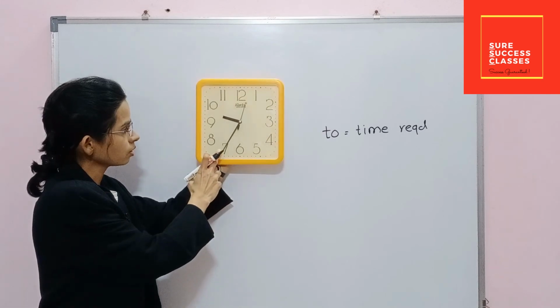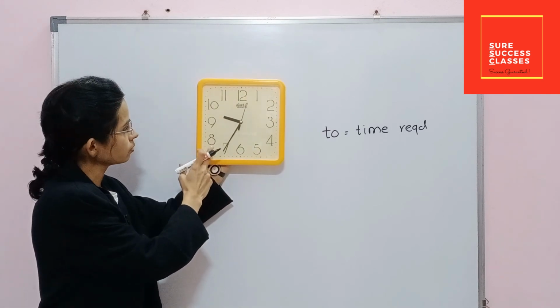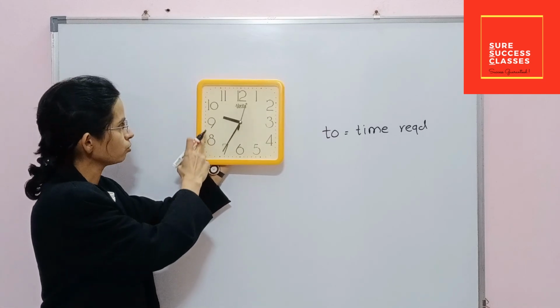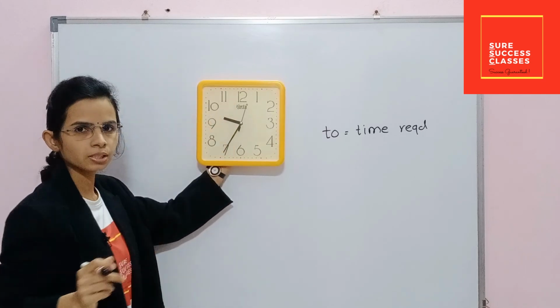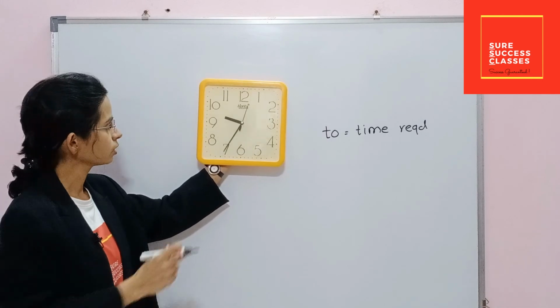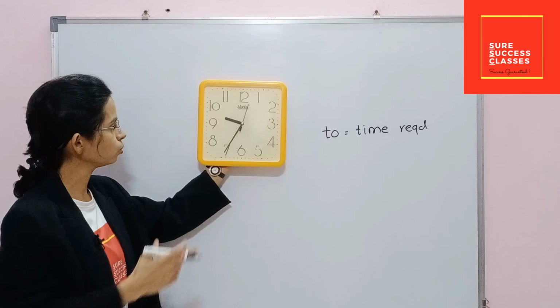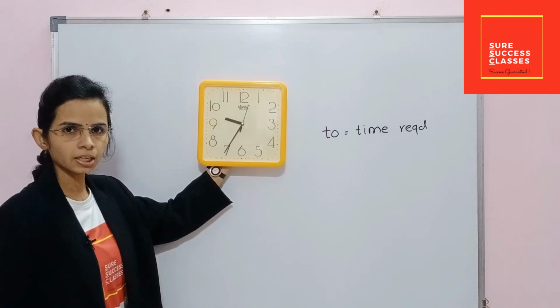Here we will count the time for entering into the next hour. 5, 5, 5, 5, 5. It is 25 minutes. Means 25 minutes are required to enter into the next hour, that is 10.